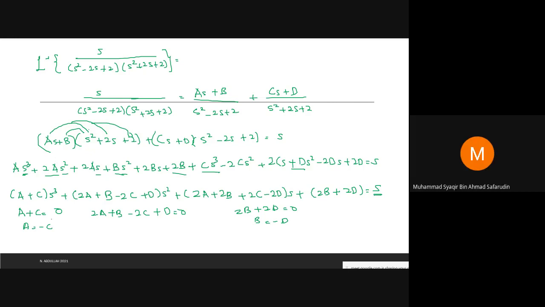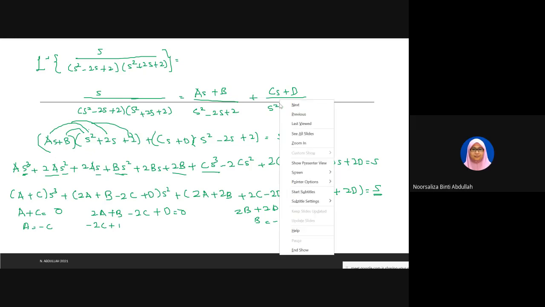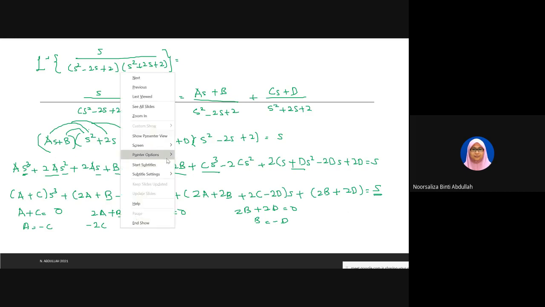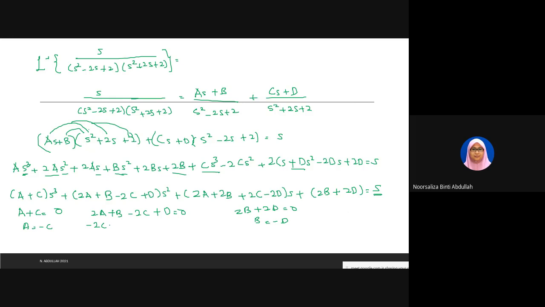Okay, A ni you gantikan dengan C. Now you have A minus 2C plus B you gantikan dengan negatif D. Sini you ada negatif D tolak 2C plus D equals to 0.